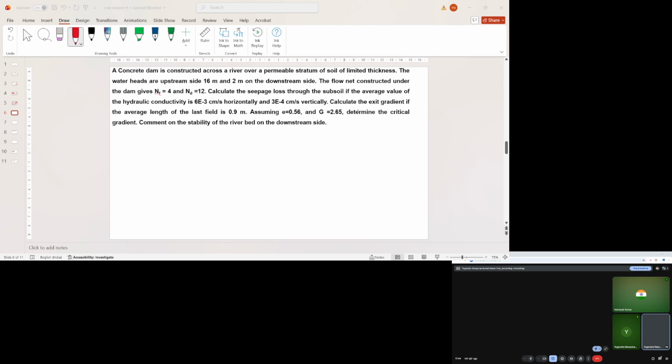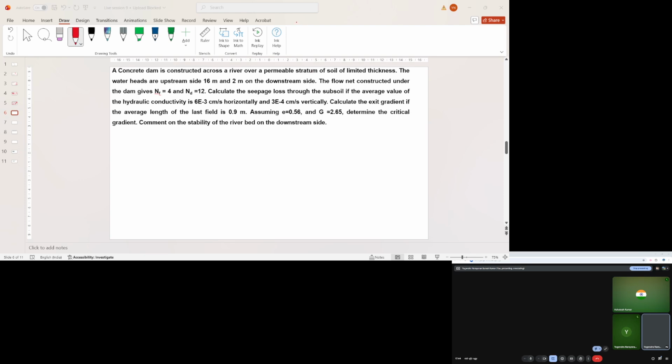Convert it into meter per second. How much will you get? 6 into 10 to the power minus 5 meter per second, and this is 3 into 10 to the power minus 6 meter per second.